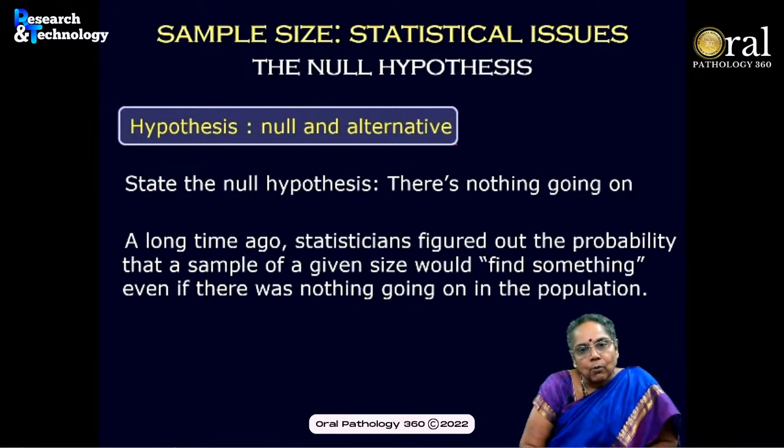A long time ago, statisticians figured out the probability that a sample of a given size would find something, even if nothing is going on in the population. So the null hypothesis is true, but still we may find something that is there.